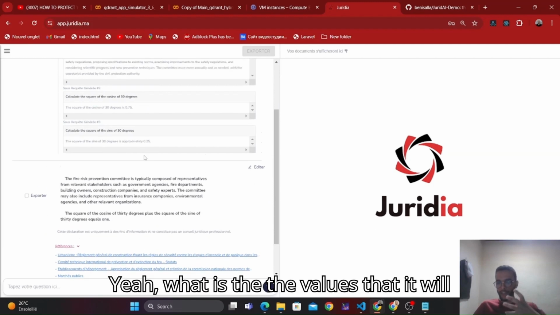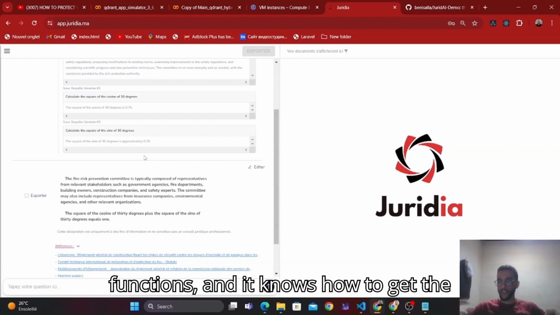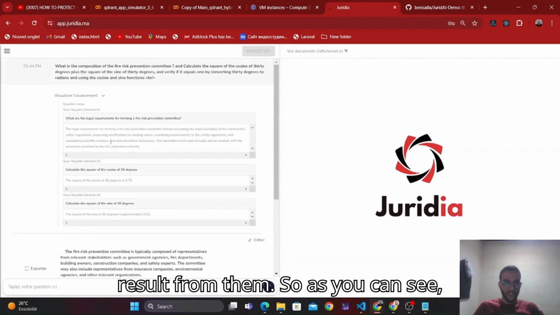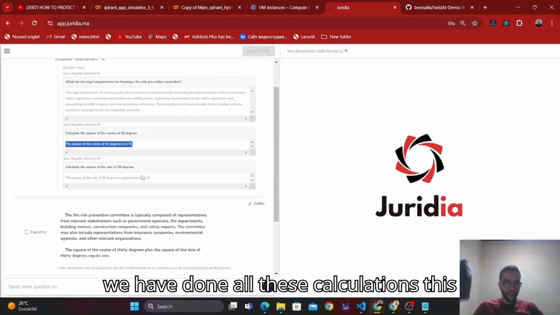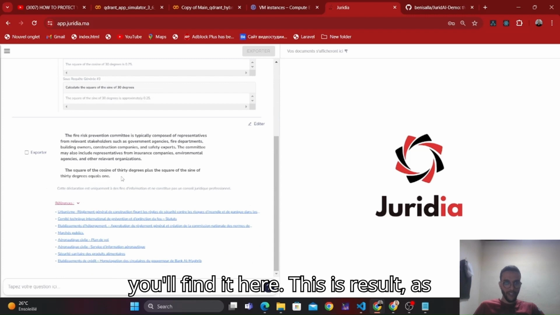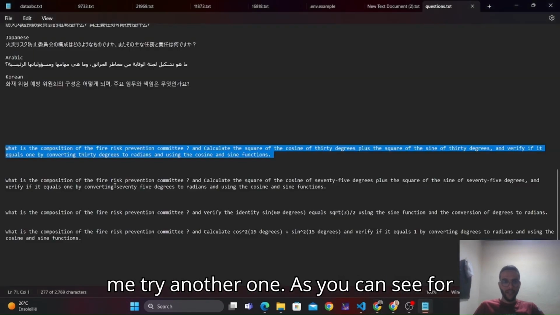It knows the exact values that it should send to these functions as parameters, and it knows how to get the result from them. So we have done all these calculations this way, and the result you will find here. You can check it. Let me try another one.